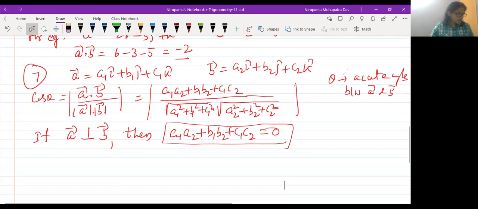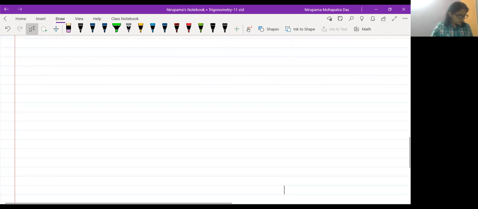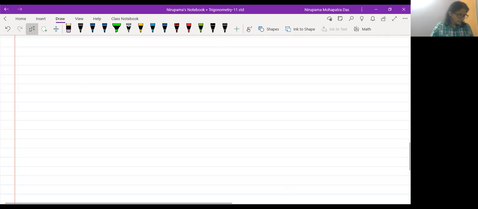Okay, so now these are some of the properties of the dot product of two vectors. Okay, so next we can say the application part. So maybe we will be covering this today, and just one moment.